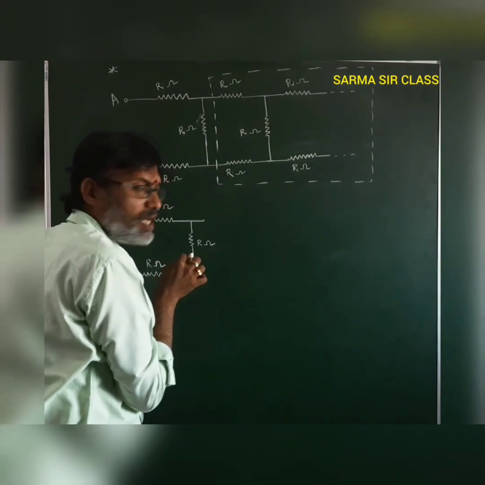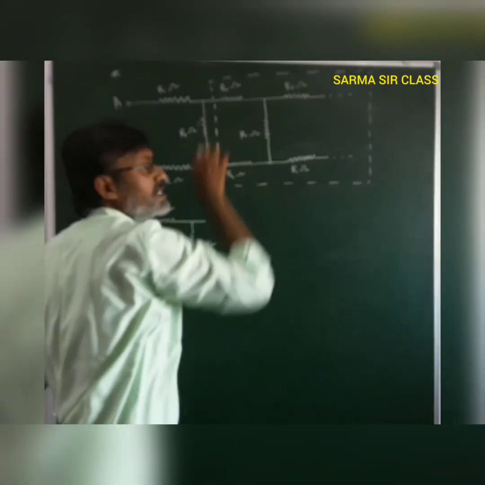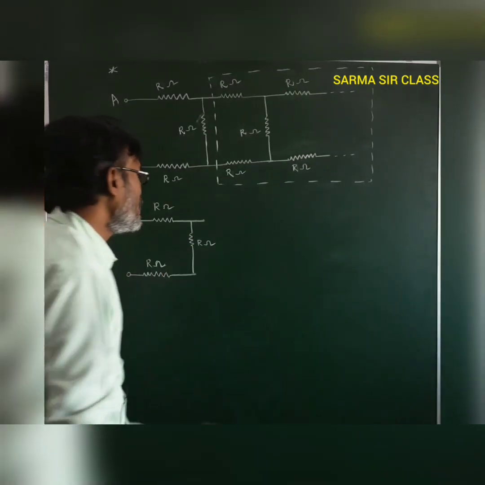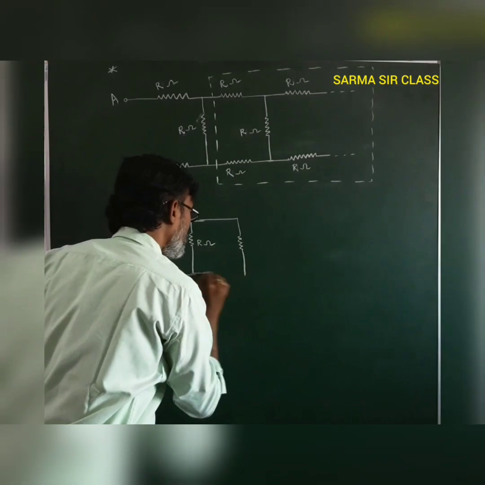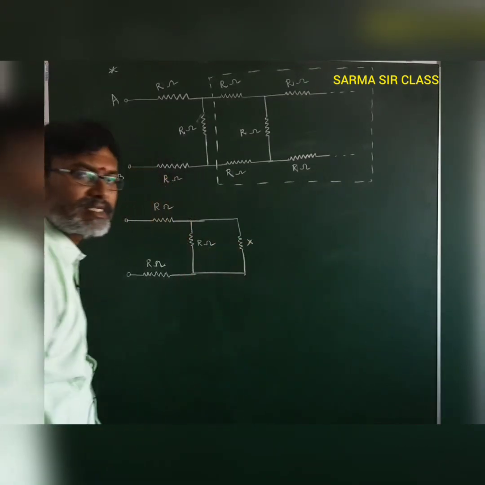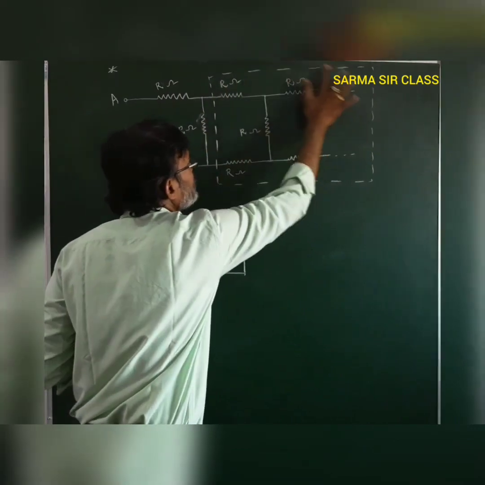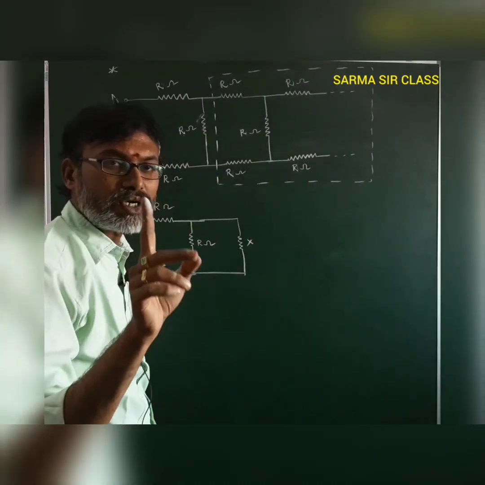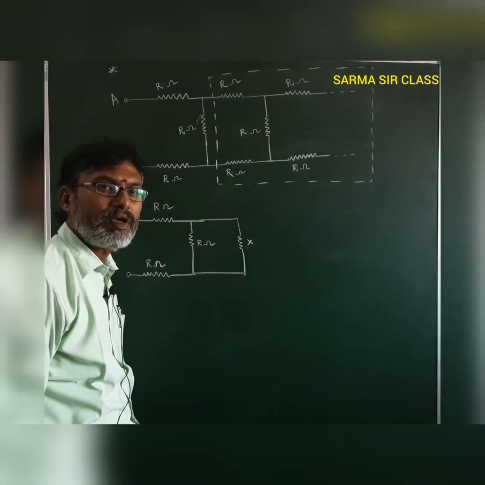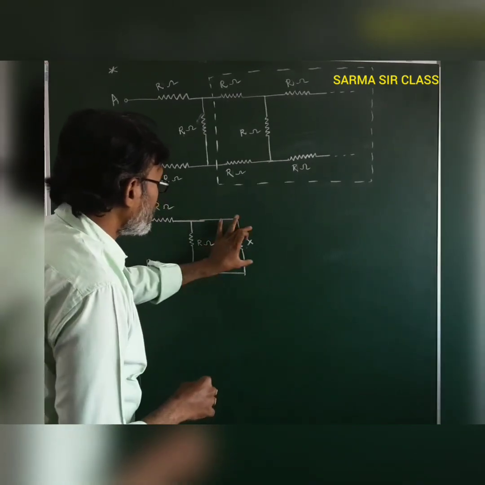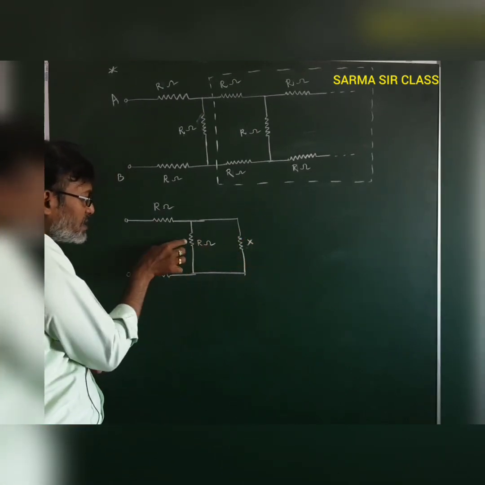Instead of this entire part, I am taking only one resistor whose equivalent resistance is X. It means replace all these resistors with one resistor of resistance X. To this X, which is the infinite part, we are adding 3 resistors.